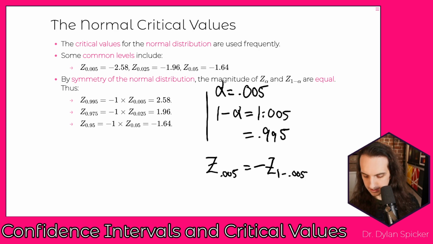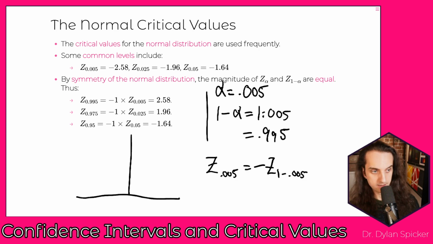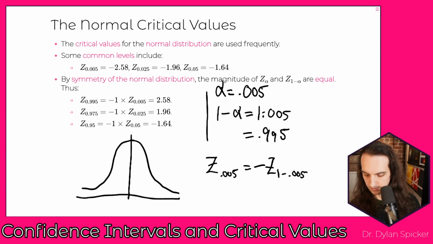The basic idea here is that we have our normal distribution right here. If we consider some level down here, which we'll call Z of alpha, we put alpha down here.